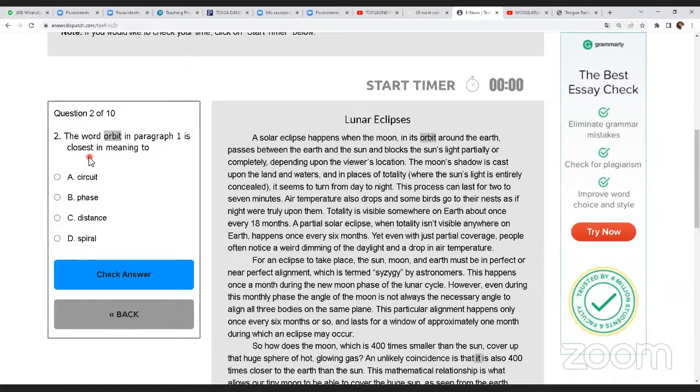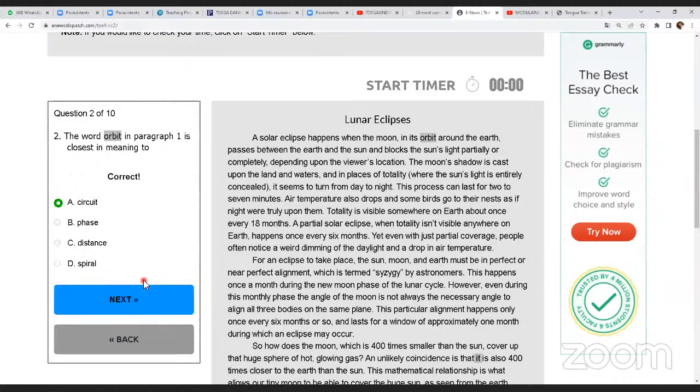No. It's orbit around the earth. A phase is one phase. Orbit is órbita, right? So it would be a circuit, right?